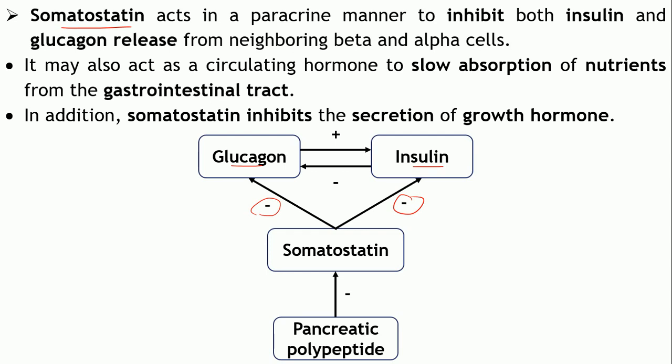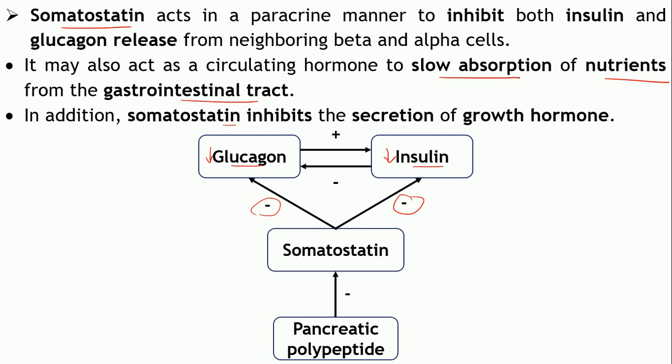So both hormone releases are inhibited, and somatostatin will decrease the levels of both. Apart from that, it can also act as a circulating hormone to slow the absorption of nutrients from the GIT. Absorption is also decreased.